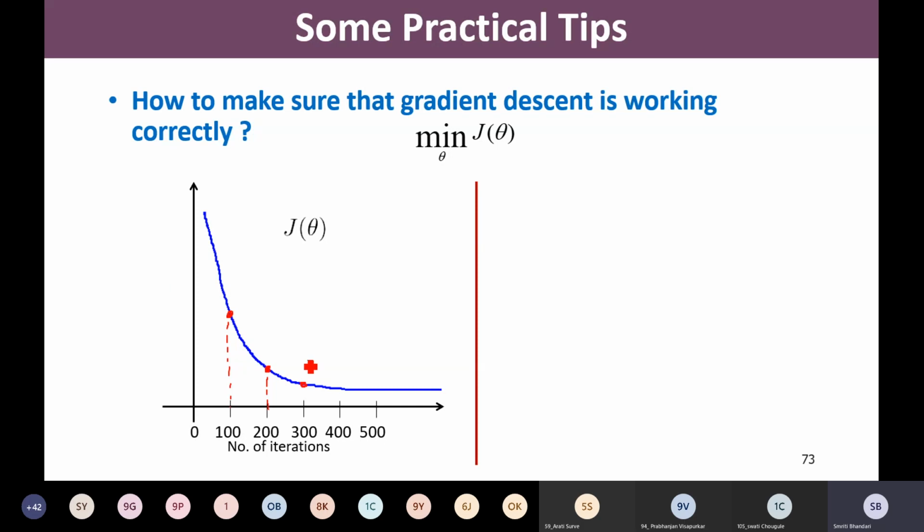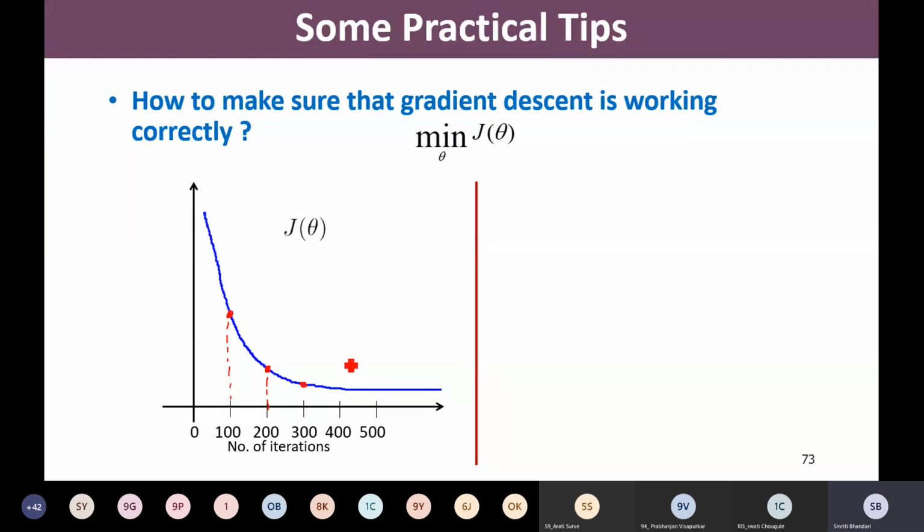So after every 100 iterations, we look at the value of my cost function g of theta, and if we plot it, the plot will look like this.